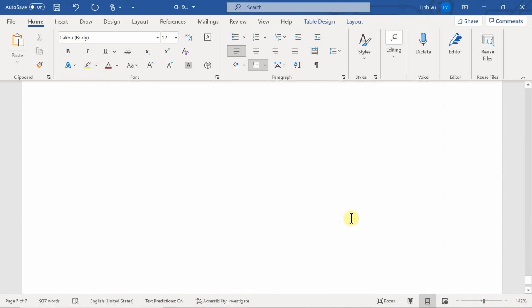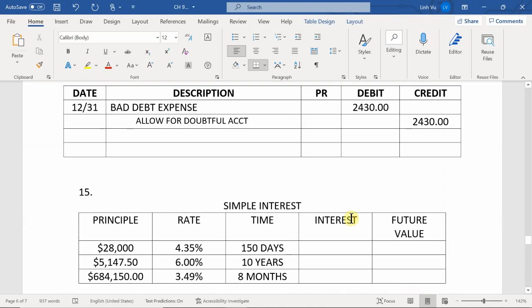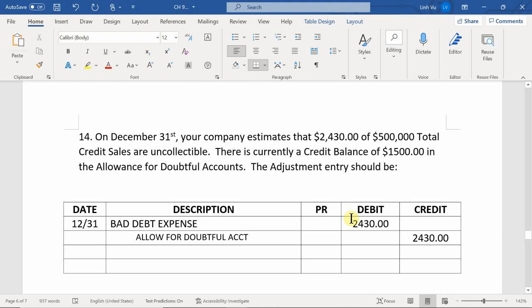Question 14 and 15. Yes, this is my question.